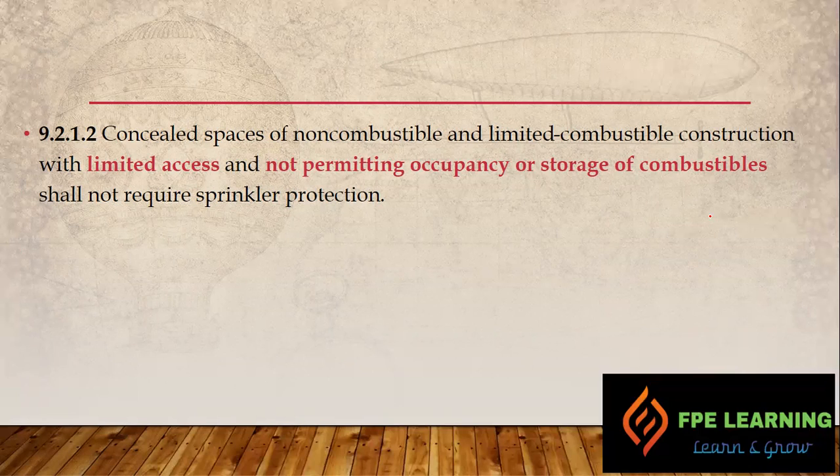Okay, so 9.2.1.2 talks about concealed spaces of non-combustible and limited combustible construction with limited access, and not permitting occupancy or storage of combustibles, and not requiring protection. So if this area is a concealed space, they have limited access and there is no storage of any combustible material in it, it doesn't require sprinkler protection.